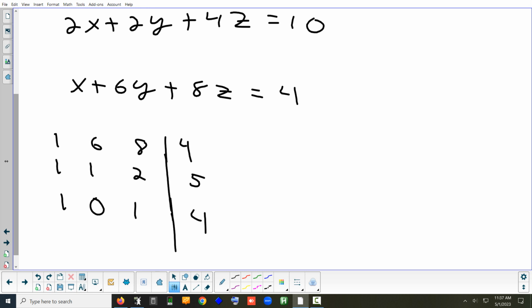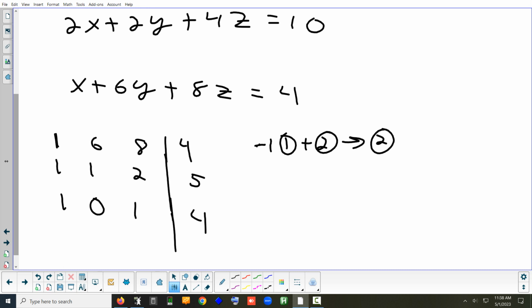Okay, so we've got a 1 in the upper left. Next, we want to get a 0 underneath it. So what would you have to multiply row 1 by to get a 0 in this spot? Negative 1 times row 1, added to row 2, and that's going to replace what's currently in row 2.